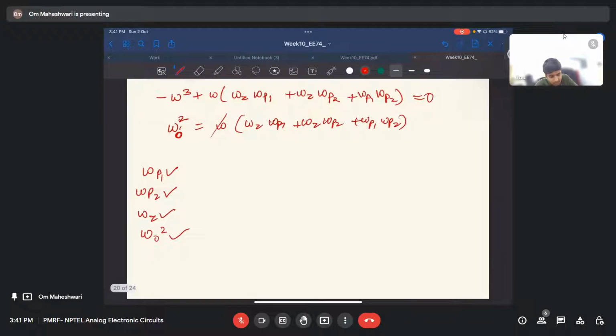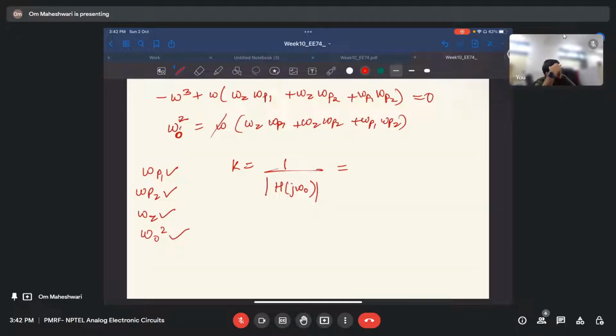Now gain margin is k equals 1 upon the magnitude of h of j omega. So what was h of j omega? Let me write again. H of j omega naught is equal to k times (1 plus j omega naught by omega z) divided by (1 plus j omega naught by omega p1)(1 plus j omega naught by omega p2).